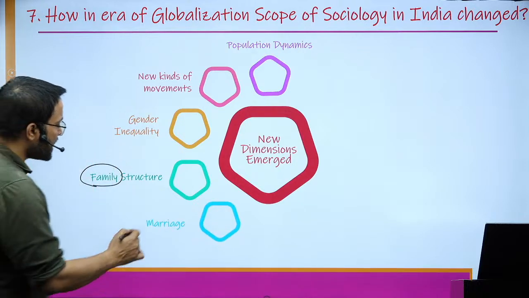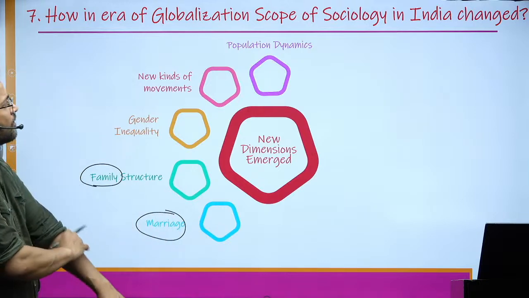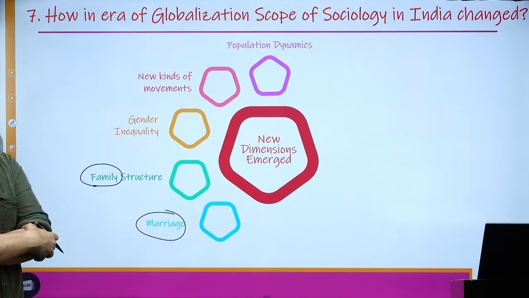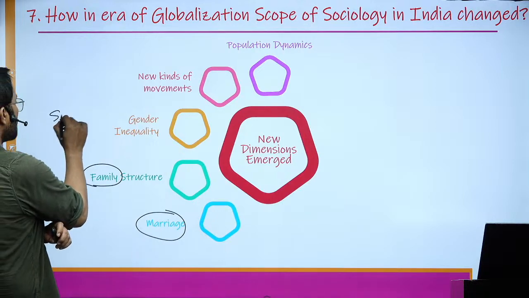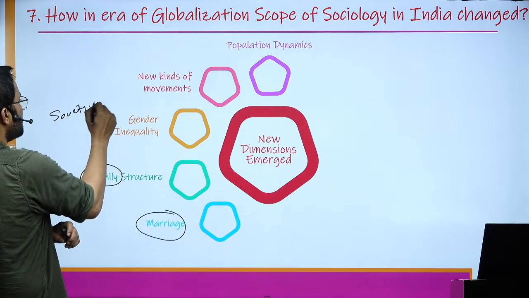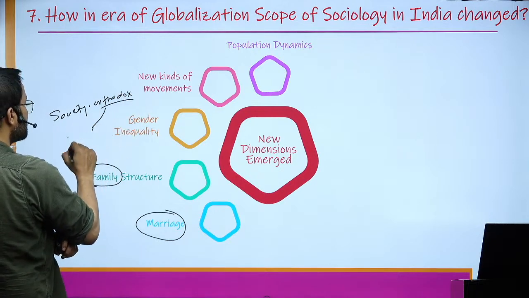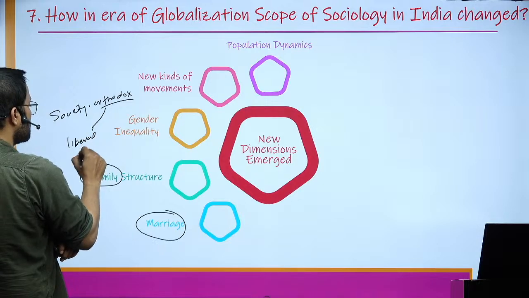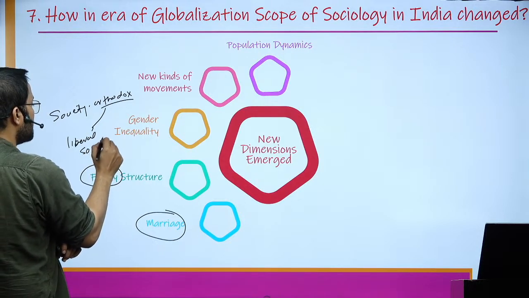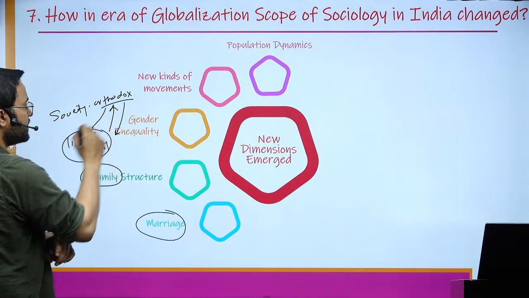Then we talk about marriage. Even in the era of globalization, because of so much awareness, suppose a society which is orthodox comes in contact with a society which is very liberal. Slowly the ideas will diffuse here and there.